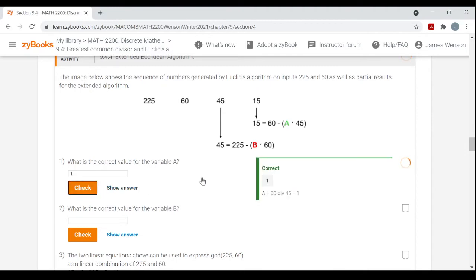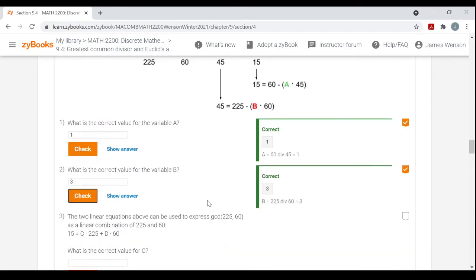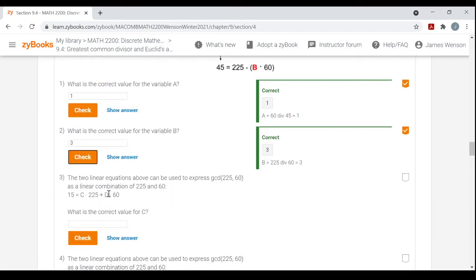Right? And then this 45 here, how could I get that involving 225 and 60? Well, I need 225 minus 180, so B must be 3. And then the two linear combinations above can be used to express the greatest common divisor of 225 and 60 as a linear combination of 225 and 60.